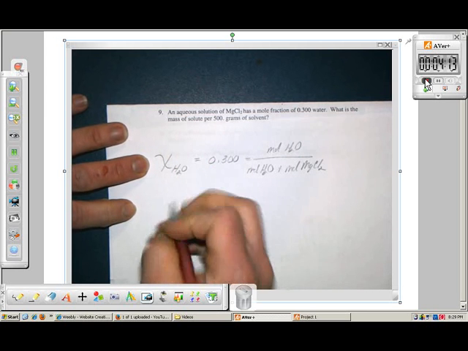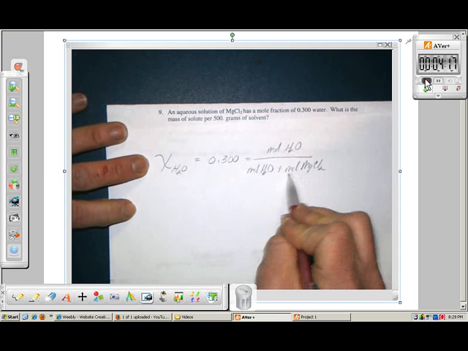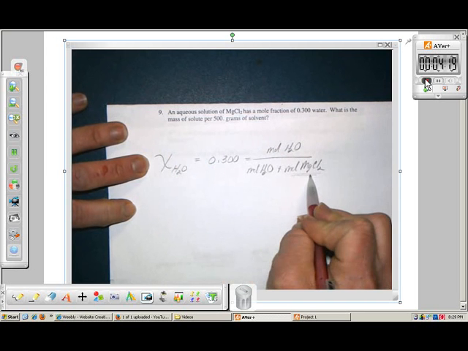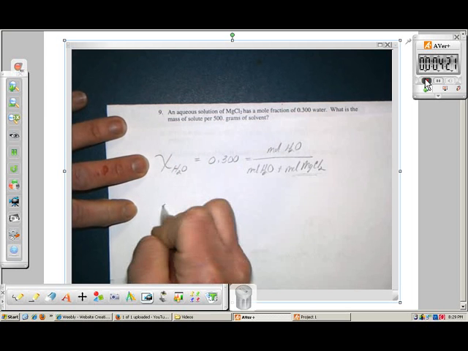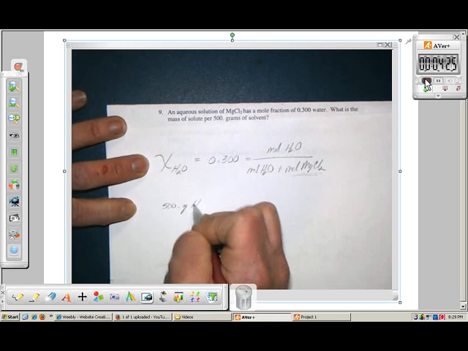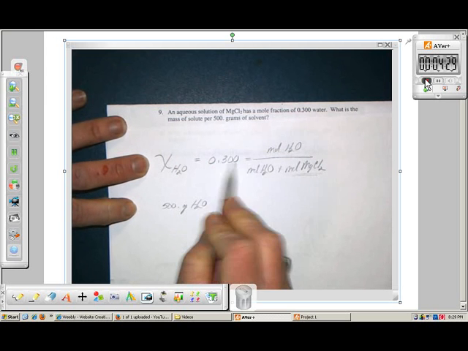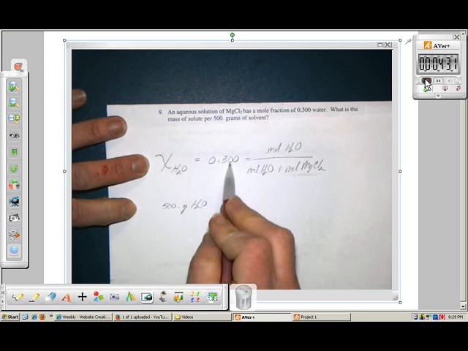What is the mass of the solute? So, I wonder if I could somehow get this. I know I have 500 grams of my solvent, which is water here. I know that it's a smaller mole fraction.